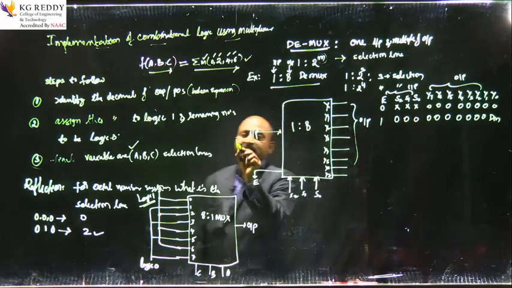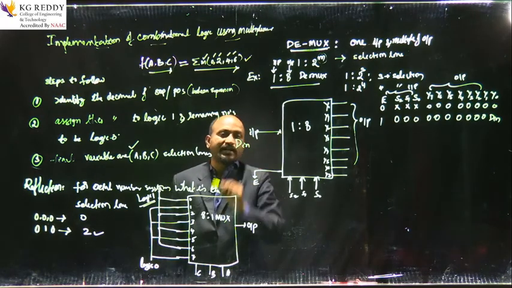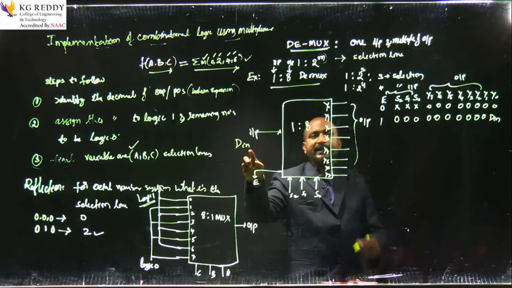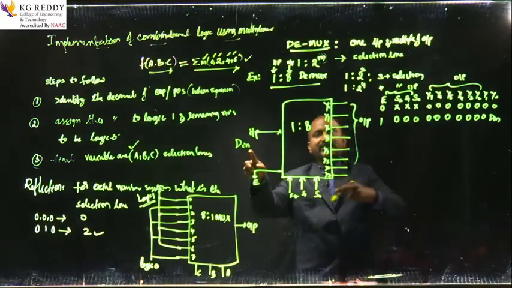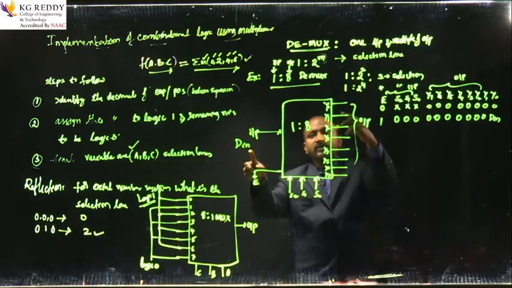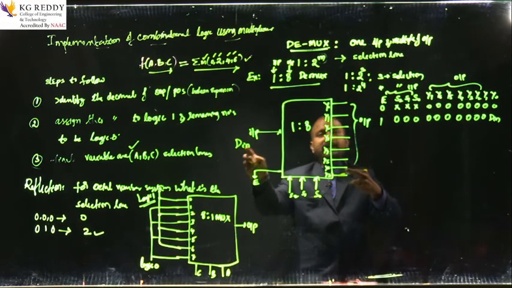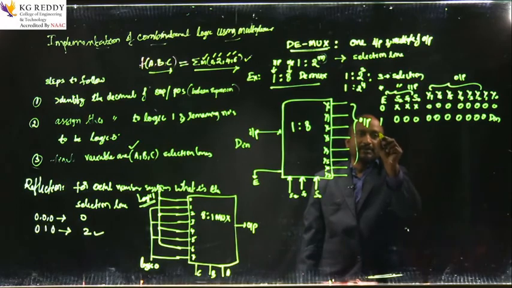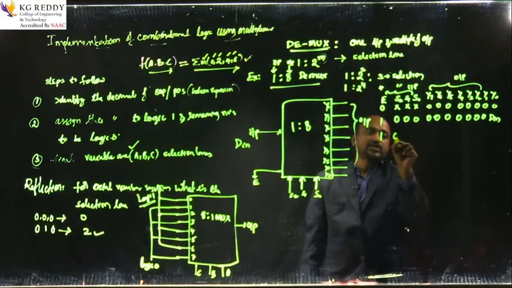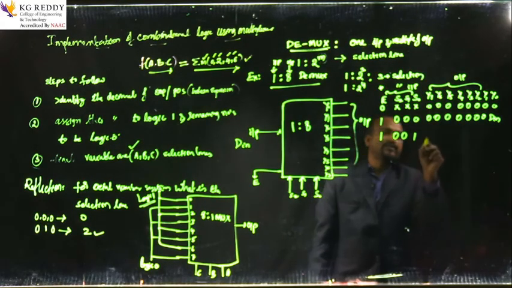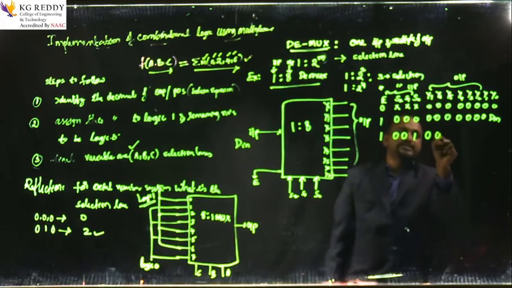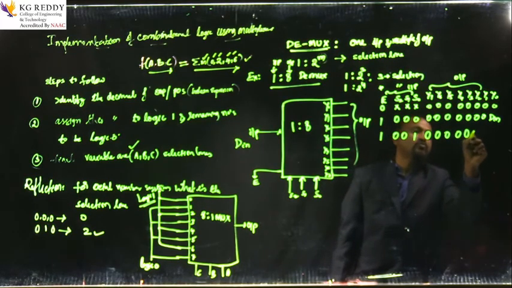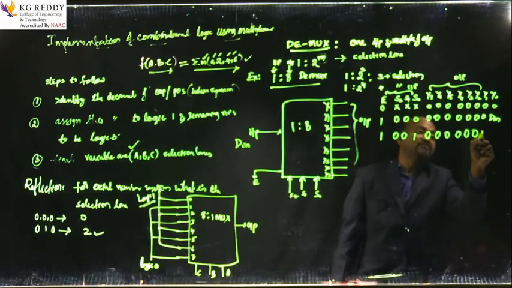The input data you give will be output on one of these 8 outputs, selected by these selection lines. Again, enable bit is 1. If I select 0, 0, 1, then Y1 gets the output.